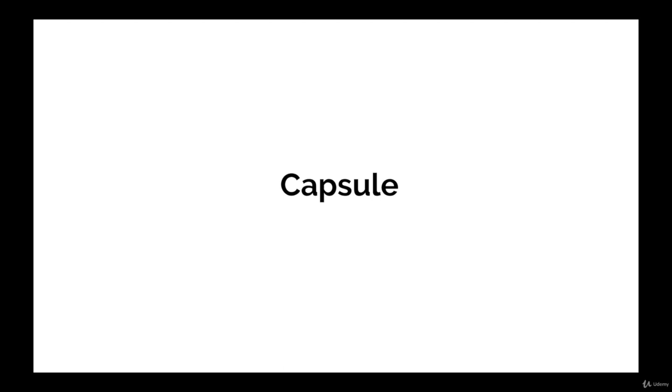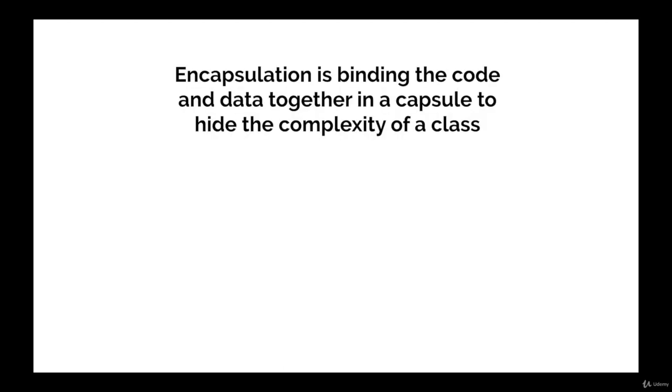Encapsulation in a similar way is binding the code and data together in a capsule to hide the complexity of the class. In this example, the class Account does the job of encapsulating the data members and the methods into a single unit.